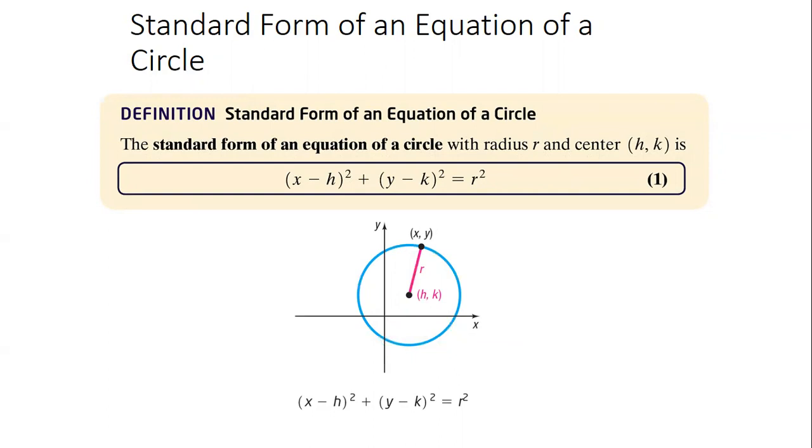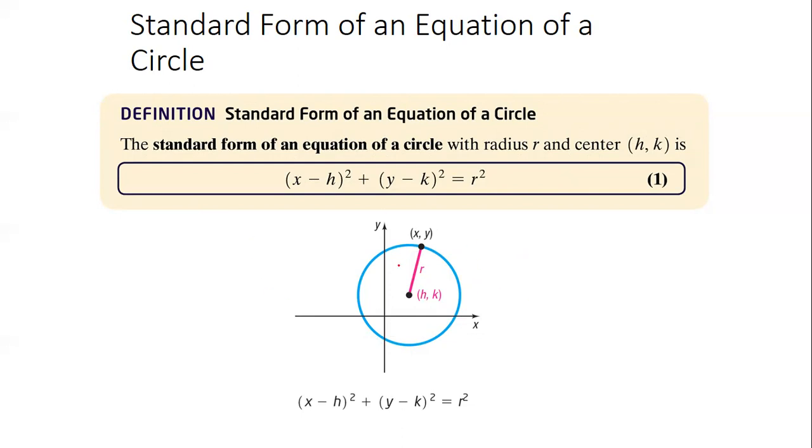That represents the center of your circle. And r represents the radius from the center to any point on the circle.